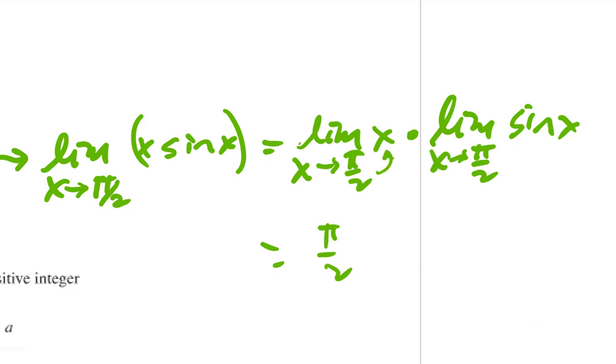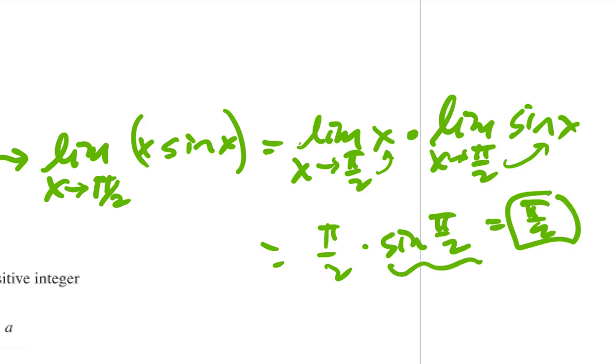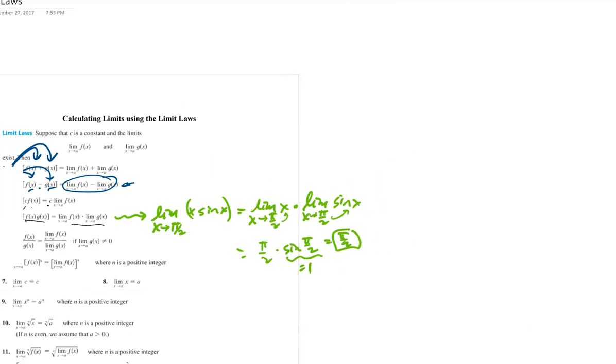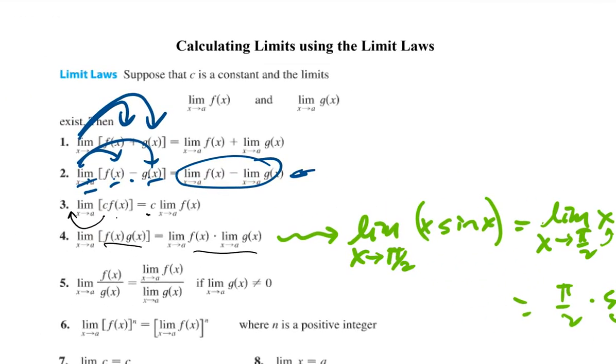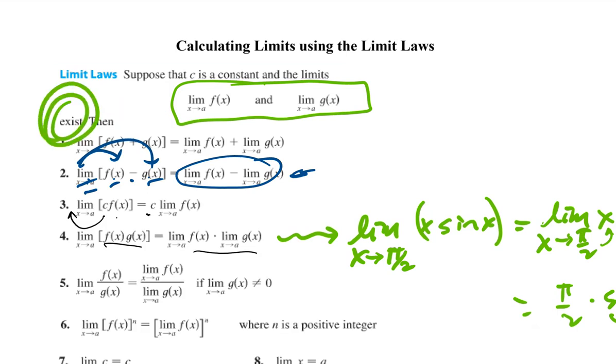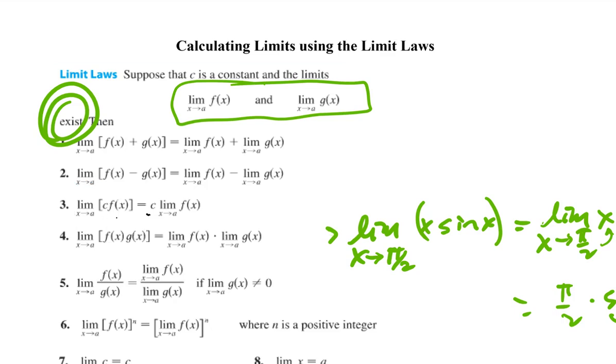So you plug in sine of pi over 2, and this is pi over 2 times 1, which is just pi over 2, because sine of pi over 2 is 1. It says right here that these two exist. If one of the limits doesn't exist, you can't do this. We're assuming that these limits exist in order to use these rules.